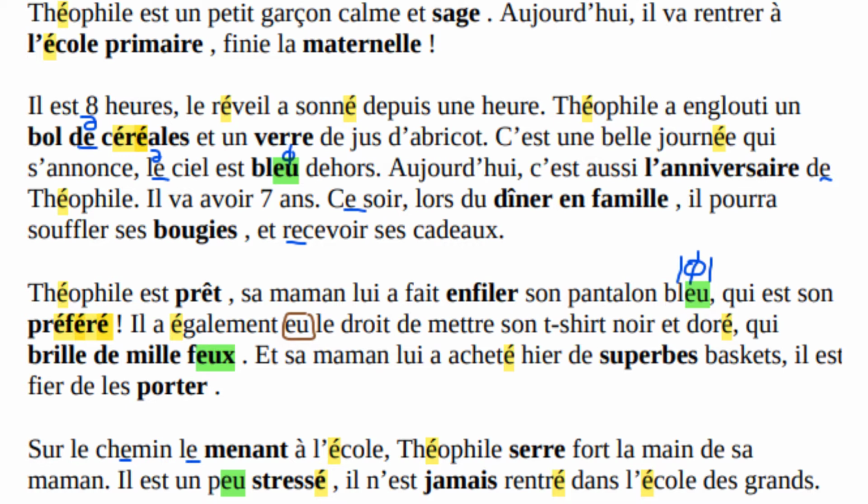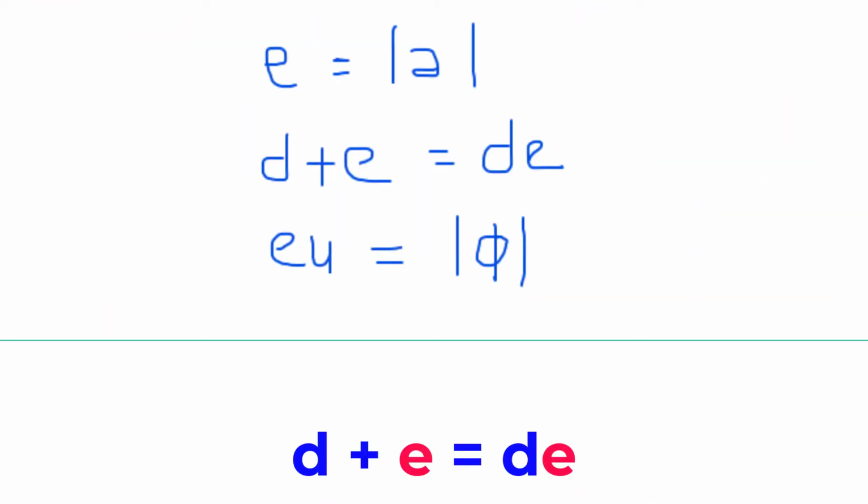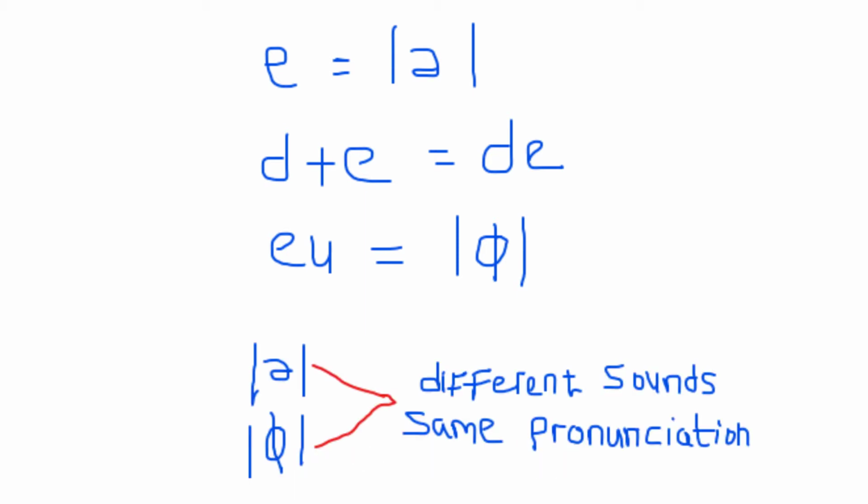Depuis une heure, Théophile a englouti un bol de céréales. So for deux, we have our ordinary E in English language, and in French we have it to be E. So that's the natural sound. So we have D plus EU give us deux. So we have our EU as well to give us the sound E. We have our ordinary E as well, gives us the sound E as well.